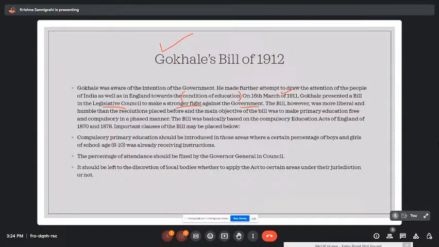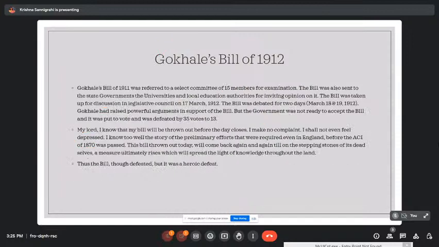The bill was basically based on the Compulsory Education Acts of England of 1870-1876. The important clauses were compulsory education during the primary stage, and the idea that the percentage of attendance should be fixed by the Governor General in Council, and it should be left to the discretion of local bodies whether to apply the act to certain areas under their jurisdiction or not.